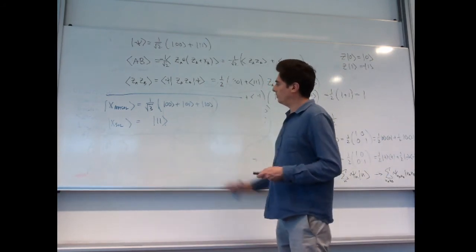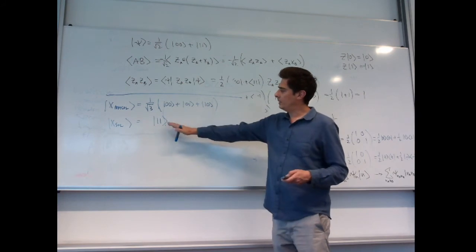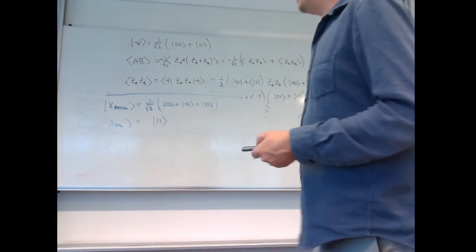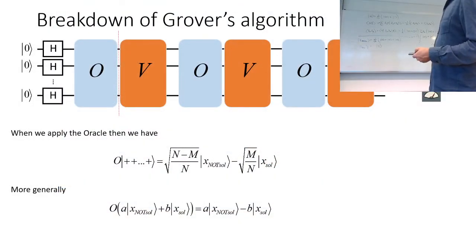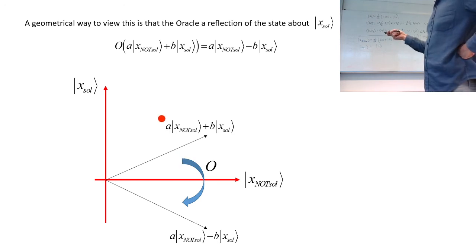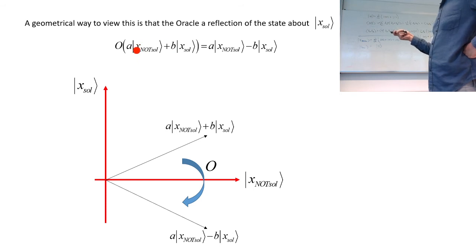So for a 2-qubit example, it would be defined like this. And then in this 2-dimensional space, now consider having a general superposition of these two states, right? So just anything. The action of the oracle would be to put a minus sign here.